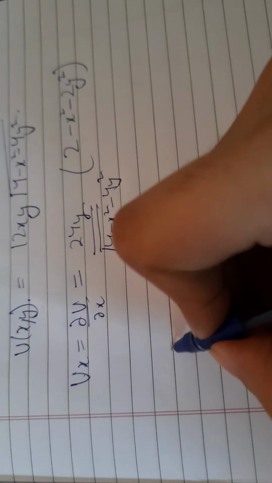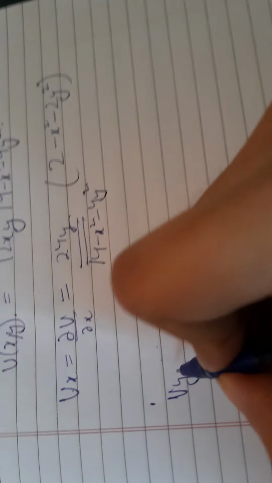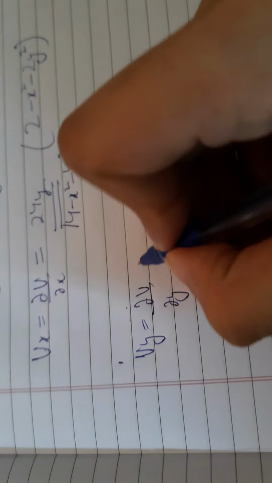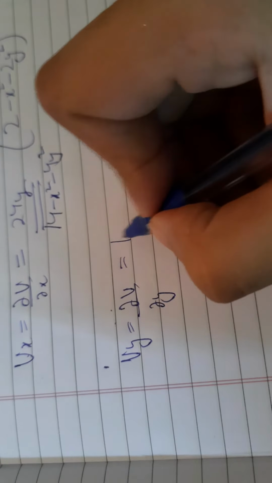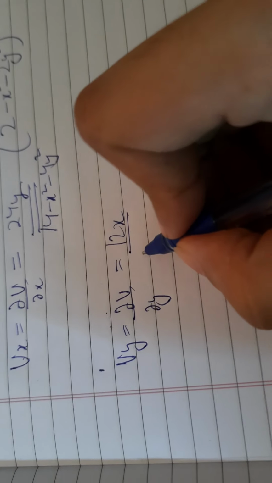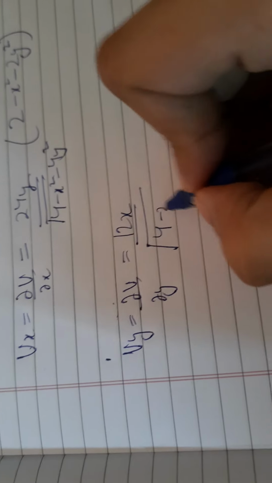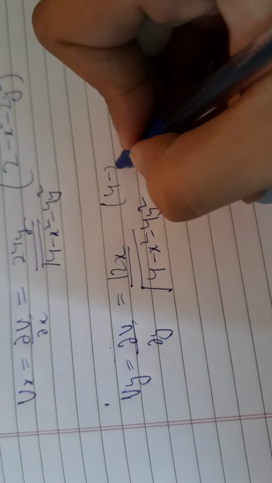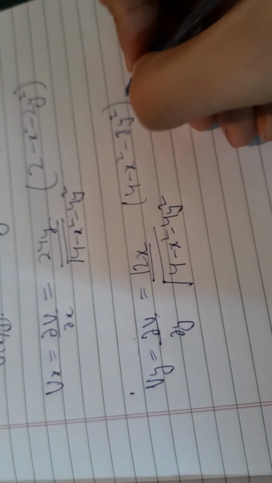And Vy equal to del V by del y, which is equal to 12x upon under root of 4 minus x square minus 4y square into 4 minus x square minus 8y square.